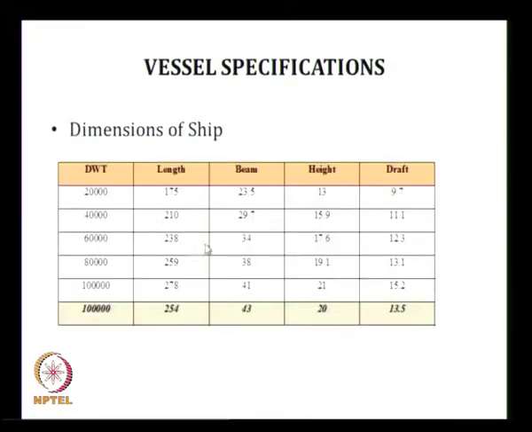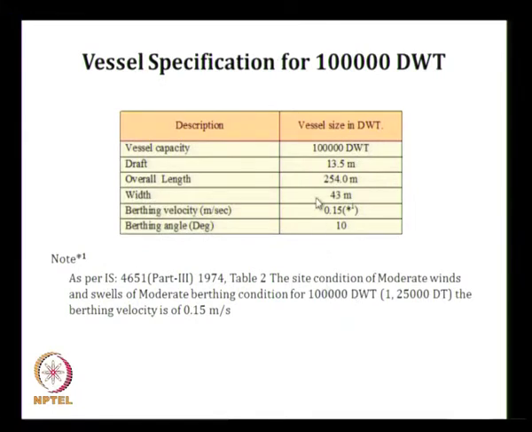These are the various sizes of the ship which is likely to come to the berth, out of which we are choosing this ship for the design purpose. So we are getting this berthing velocity based on the DWT of the vessel as 0.15. This is given in this code IS 4651 part 3 1974 table 2.